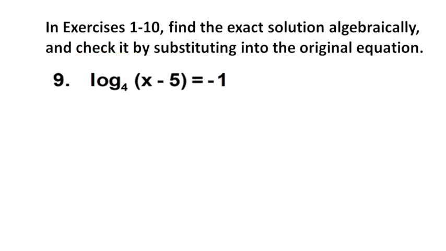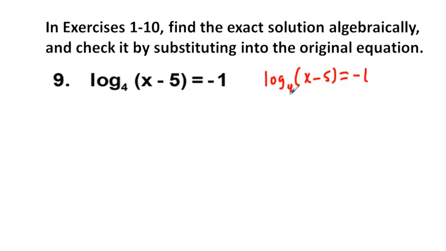Next on our problem, 9. We have log base 4 of x minus 5 equals negative 1. So I'm going to put this here, log base 4 of x minus 5 is equal to negative 1. So it's a similar strategy to what we employed here in problem 7.